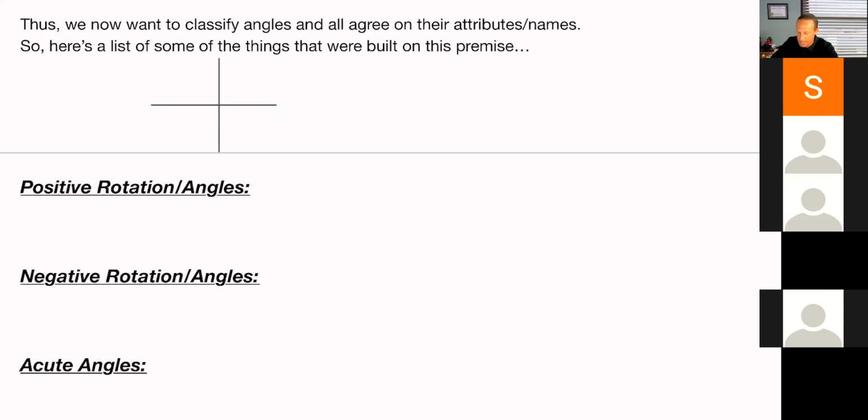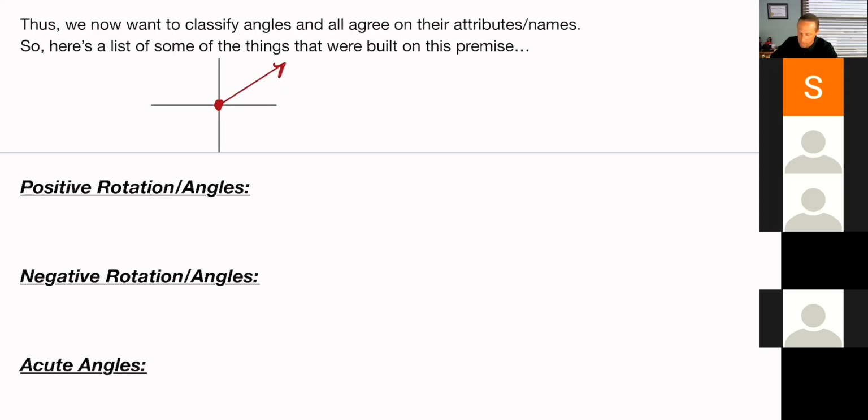If I draw my axes, which way are we going to start by looking? We're going to start in quadrant 1. Good, we'll start at the origin and we'll start on the positive x-axis. And then should I go up or down to start rotating? What do you want to be called a positive angle? Rotate up. Yeah, because that's positive.